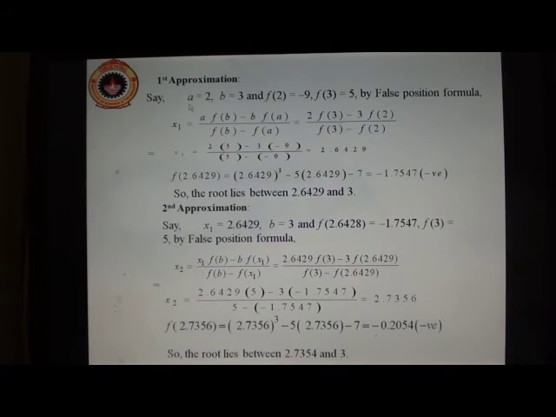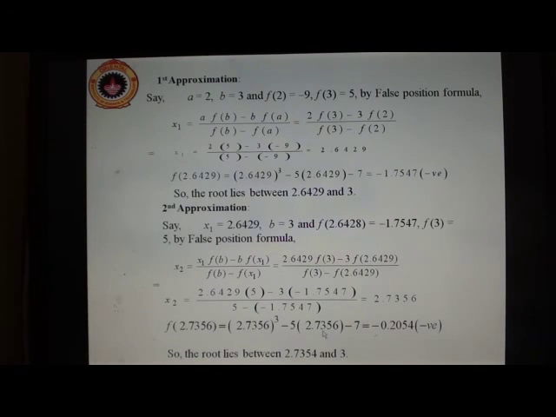In the first approximation, substitute the values of a, b, f(2) and f(3) in the false position formula, and it gives x1 = 2.6429. Find the function value at 2.6429, which is negative. Therefore the root lies between 2.6429 and 3.